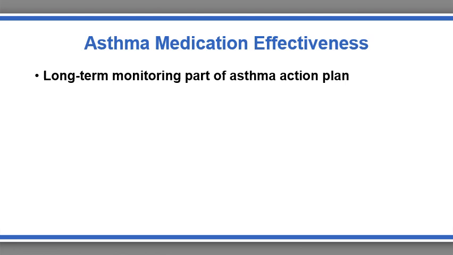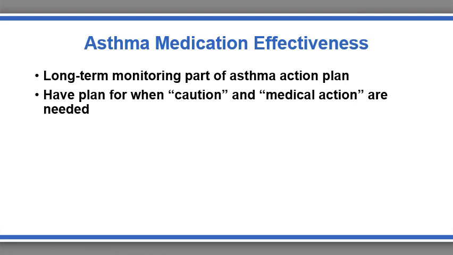So the idea is having a long-term monitoring plan as part of the management of an individual's asthma. This is going to involve measuring lung function with the spirometer, using pulse ox, and conducting regular physical exams when needed. The key is making sure to know the difference between when caution and when medical action are needed.